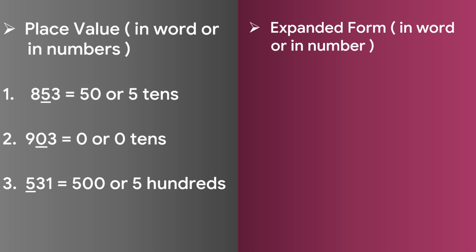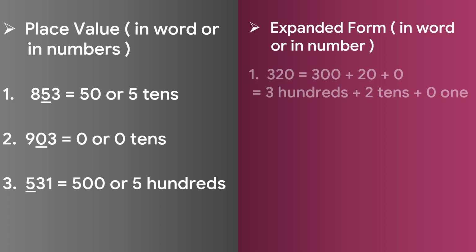Or in other words, if you want to write down the place value of 5 in words, then you have to write down 5 first, and then you have to write down the place of 5. So 5 lies on the hundreds place. That's why the place value of 5 in 531 is 500.